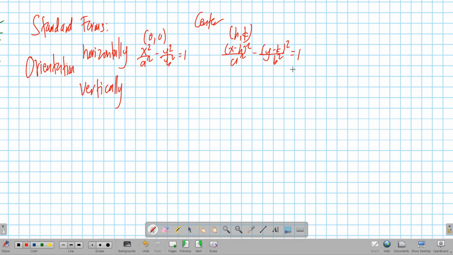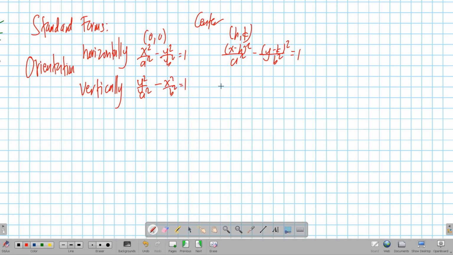Now, one main difference between the hyperbola and the ellipse is that in the ellipse, a squared can be moved to any denominator, while here, a squared will always be on the term that is positive, the term that is usually written first. So, if we want to write it vertically, it's not a squared that will move. Instead, it will become y squared over a squared minus x squared over b squared equals 1.